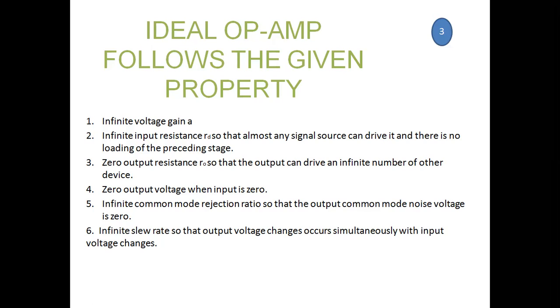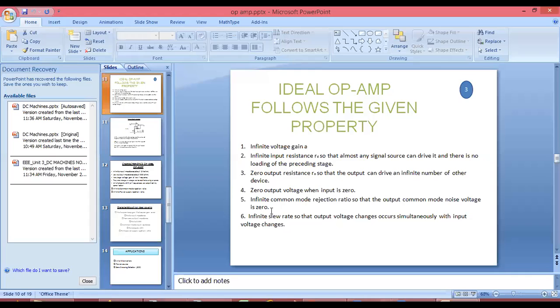Here we will get zero output resistance if that op-amp is ideal, so that the output can drive an infinite number of other devices. We will require zero output voltage when there is no input, or when the input is zero.